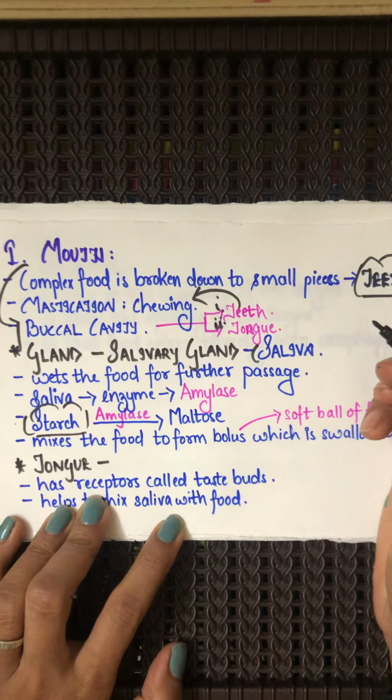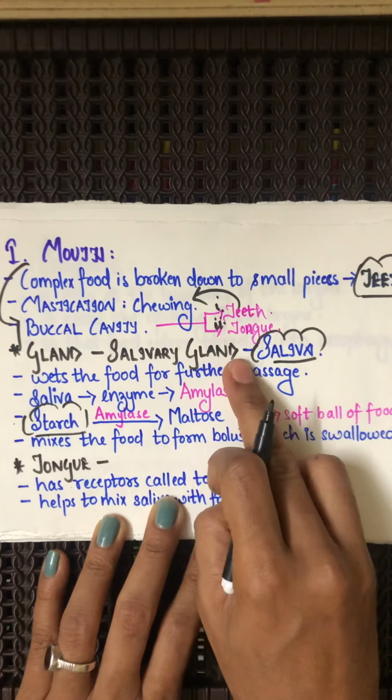Glands always do the process of secretion. And what is this salivary gland secreting? Saliva. Whenever we see some food that we crave, immediately a watery substance gets secreted inside our mouth, that is nothing but the saliva, secreted by the salivary glands.